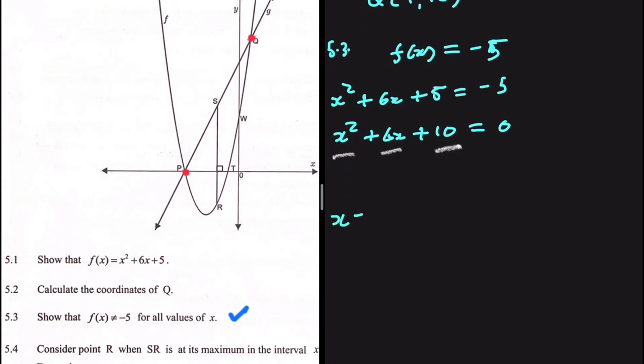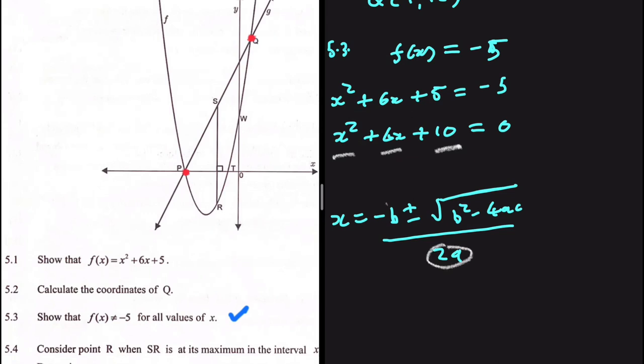So x equals minus b plus or minus the square root of b squared minus 4ac, everything divided by 2a. There's no way issues are going to arise with 2a or minus b. What we need to focus on is the square root of b squared minus 4ac. If that number is negative and we cannot take the square root of a negative number, then it would simply imply that f(x) can never be equal to minus 5.